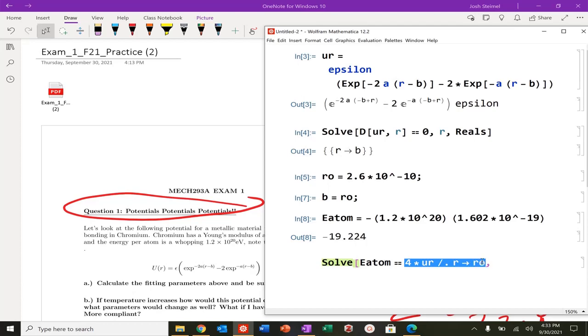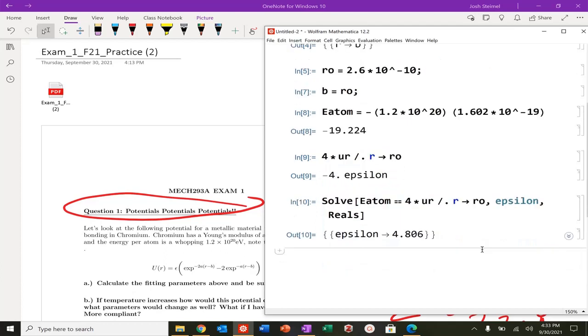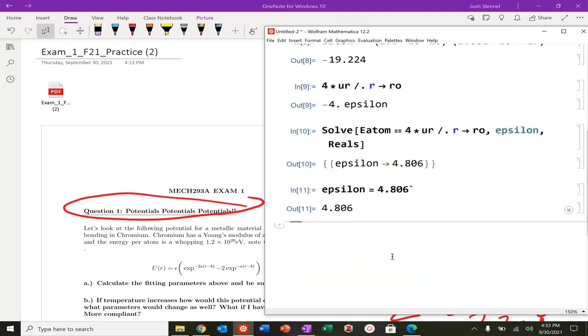Let's take a peek at what this looks like. I'm going to solve that for epsilon, and give me the reals. My epsilon equals 4.0, and my epsilon is in joules, so that's my epsilon. Got that. Now I can figure out my Young's modulus. My Y is equal to what? 140 gigapascals, 140 times 10 to the 9.